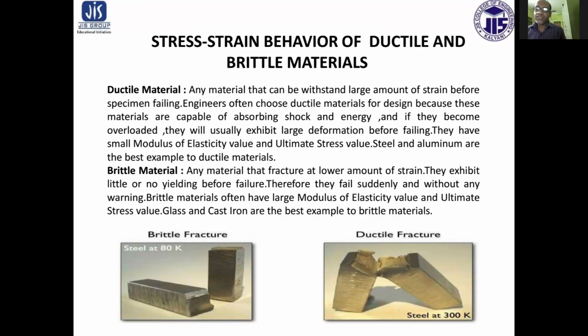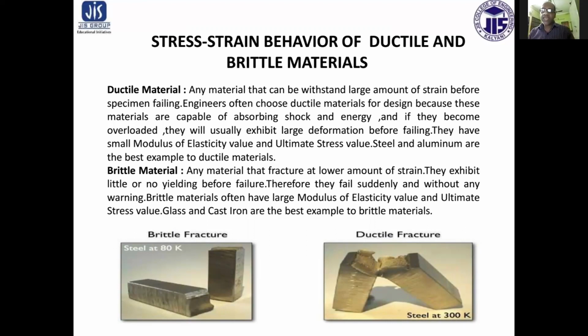If they become overloaded, they will usually exhibit large deformation before failing. They have small modulus of elasticity value and ultimate stress value. Steel and aluminum are the best examples of ductile material.